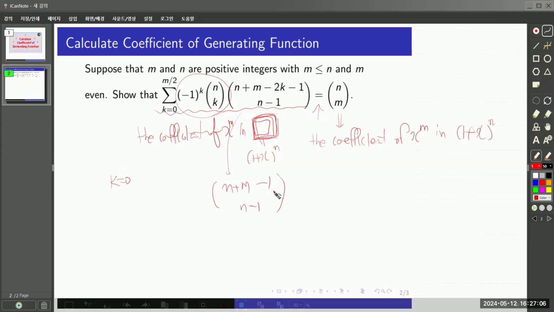So this is the coefficient of x to the m in 1 over (1 minus x) to the n.